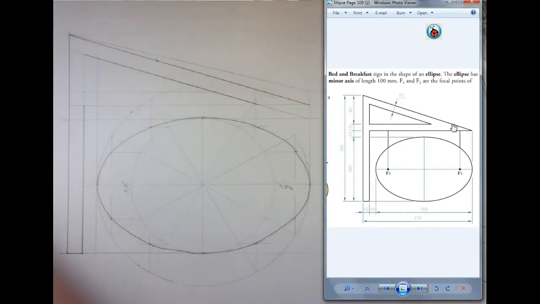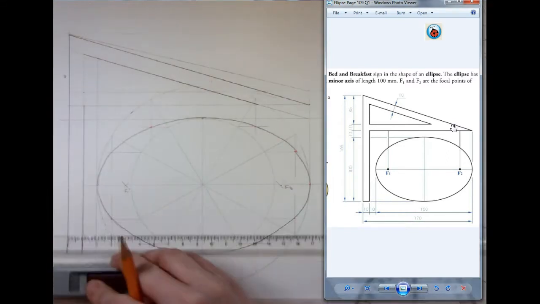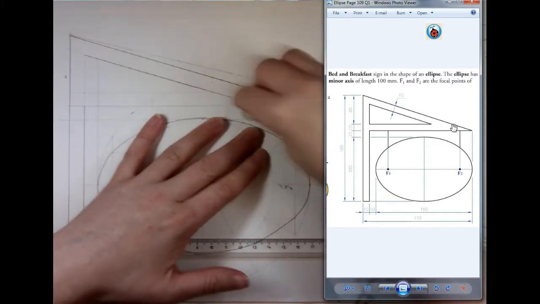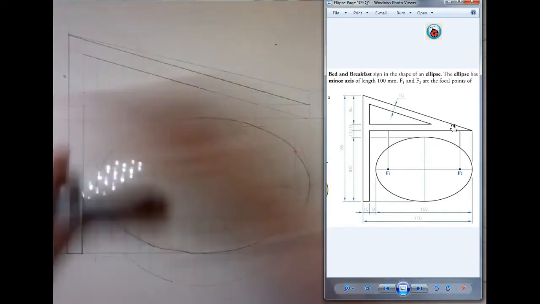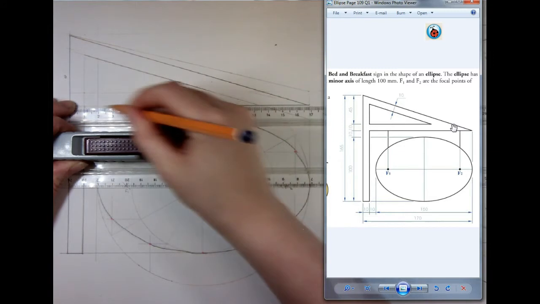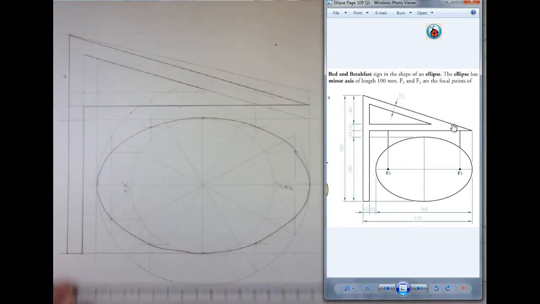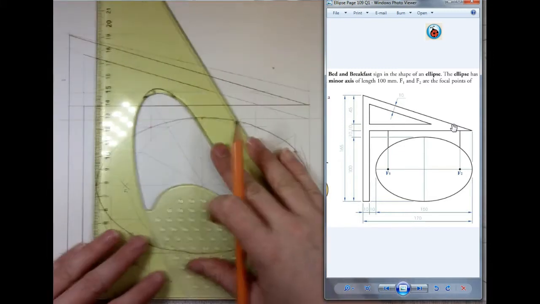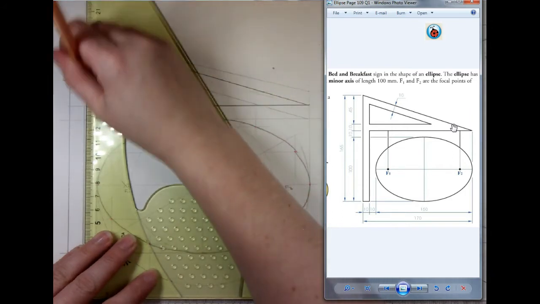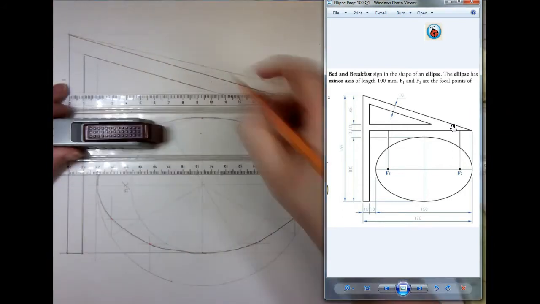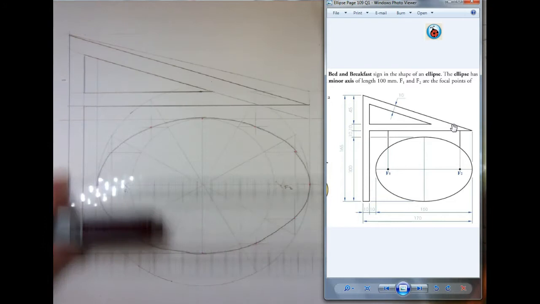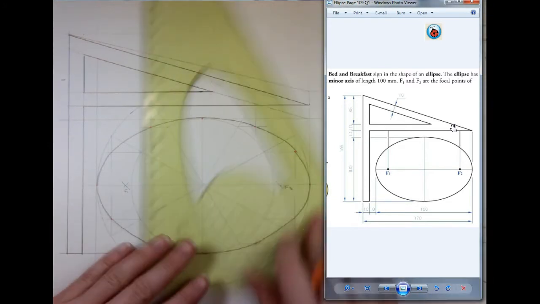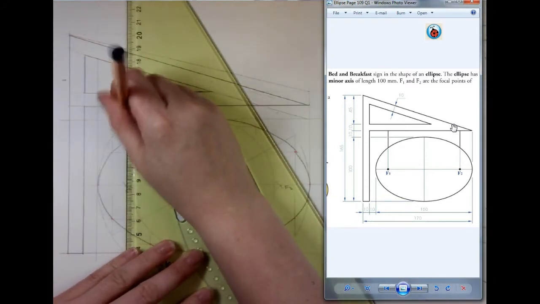And then I can draw in, and then my 2 focal points give me my 2 hanging strings.